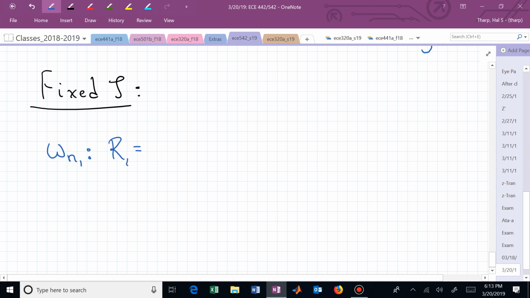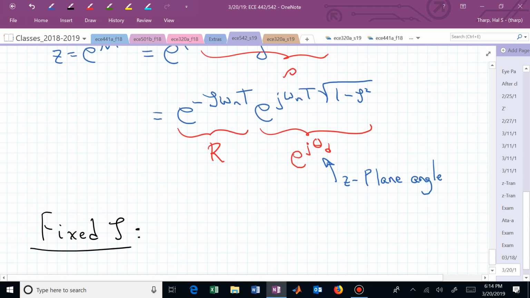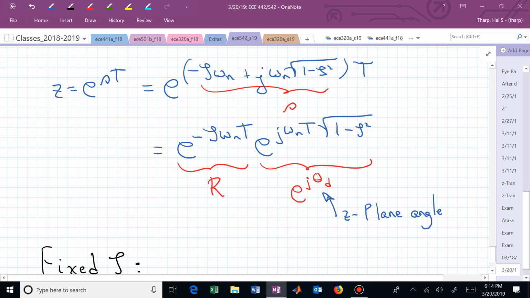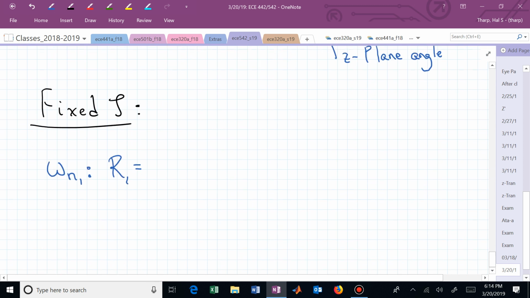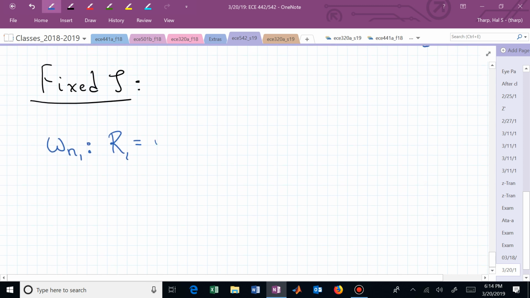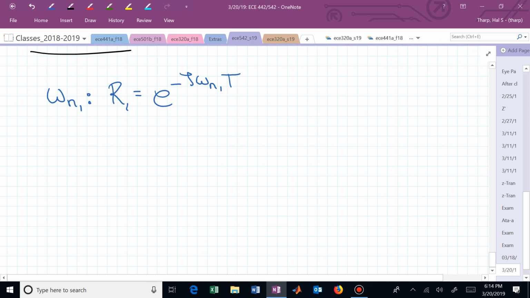What is, let's call it R sub 1. When we've plugged in for omega sub n, we've replaced that with omega sub n sub 1. R is just e to the minus zeta omega sub n t. This now becomes e to the minus zeta, that was fixed, omega sub n sub 1, and t was fixed. Okay, so what? That gives us an R1. Well, let's now compare that to different values of omega sub n's. Suppose we look at omega sub n sub 2.